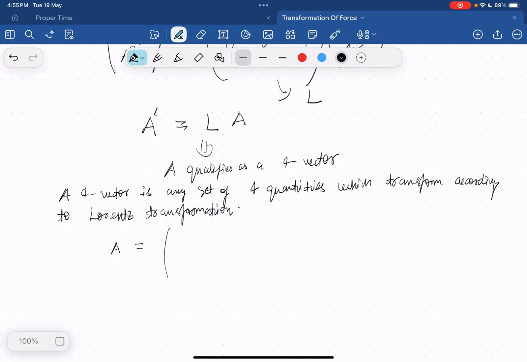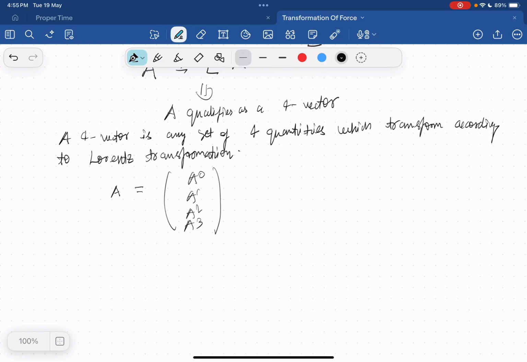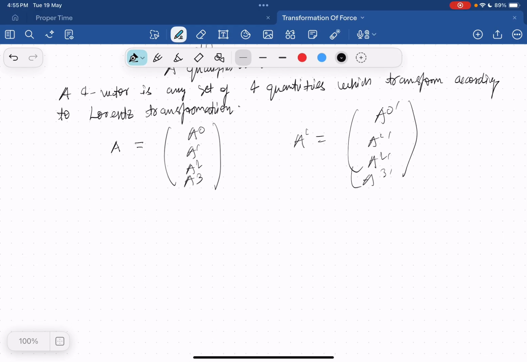given as A0, A1, A2, A3 in S frame, and the same four vector is given in S prime frame as A prime equal to A0 prime, A1 prime, A2 prime, A3 prime, then the norm of the four vector A dot A is defined as, actually this will be the norm squared.